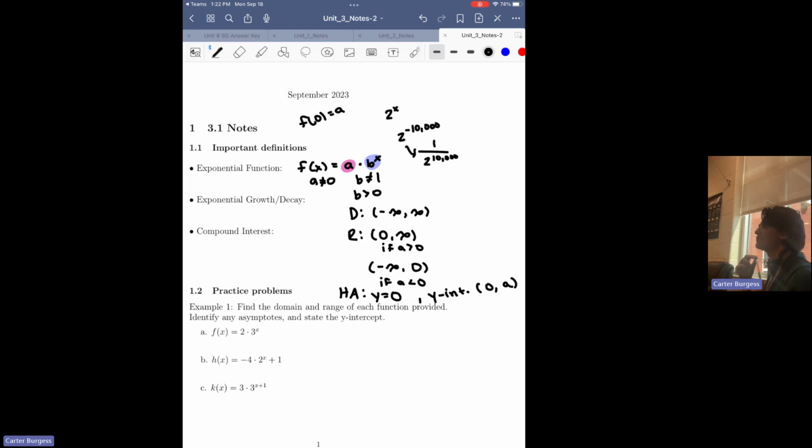At the very least, for our parent function, it'll be y equals 0. But again, it'll be sensitive to some kinds of transformations, and we're going to look at those here in a second. Any other questions before we take a look at example 1 here?